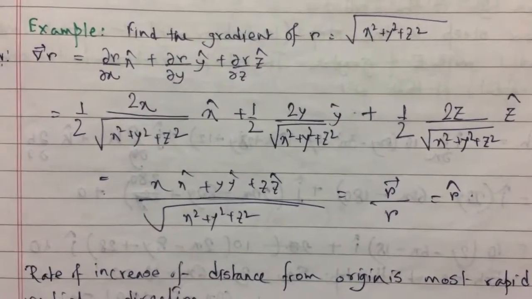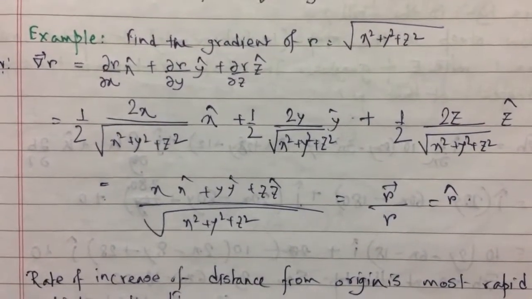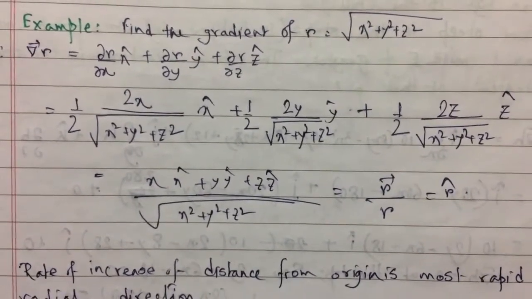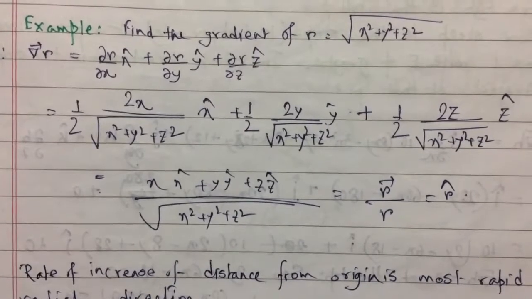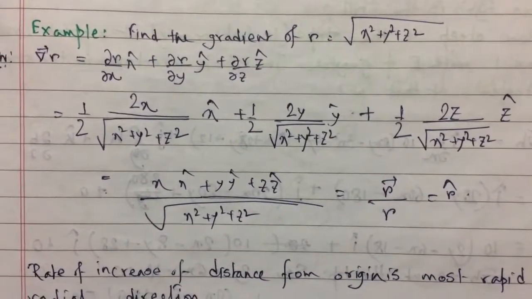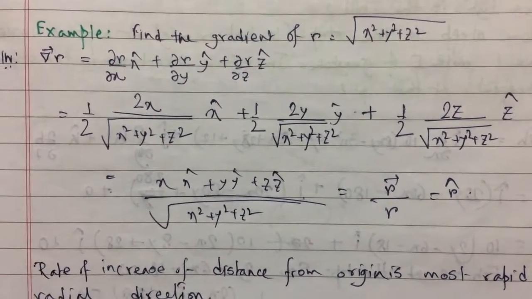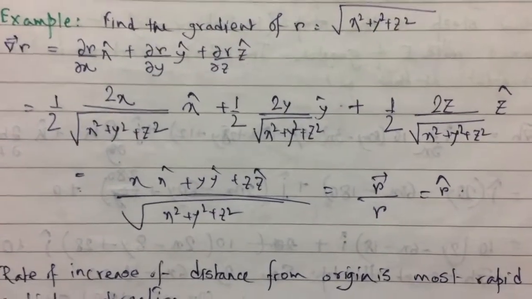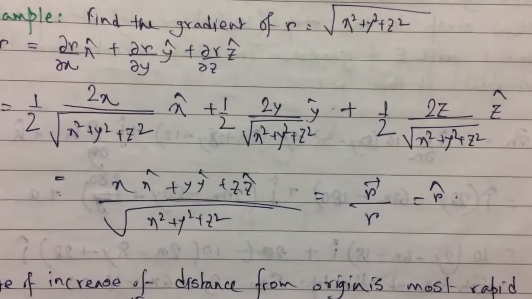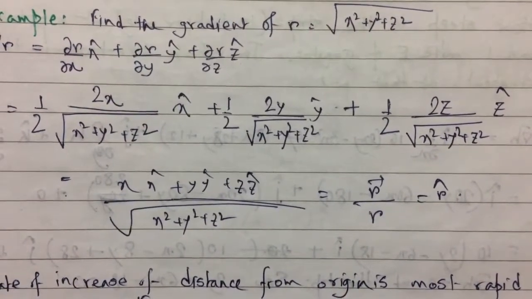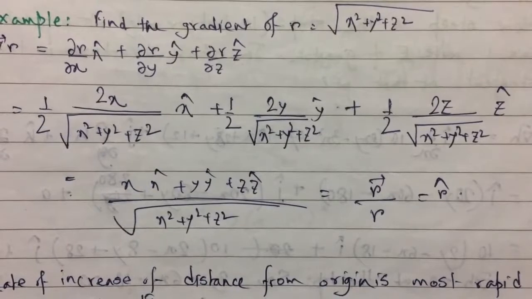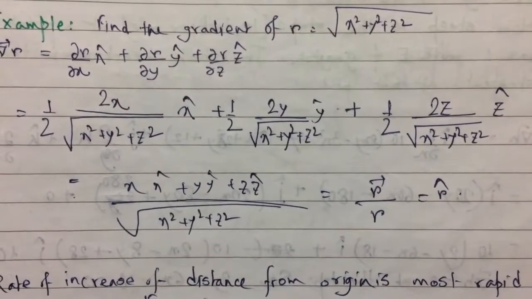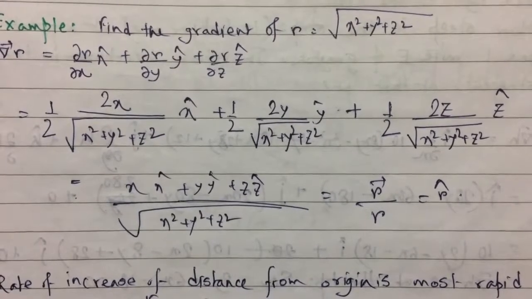So we got this line, half of 2x by root over x square plus y square plus z square multiplied by the unit vector itself, that is x cap, and similarly for y and z terms. 2 and half cancel each other, so we have x x cap plus y y cap plus z z cap. Now this is a simple representation of a distance vector r.